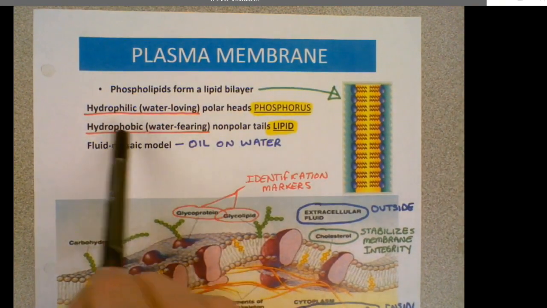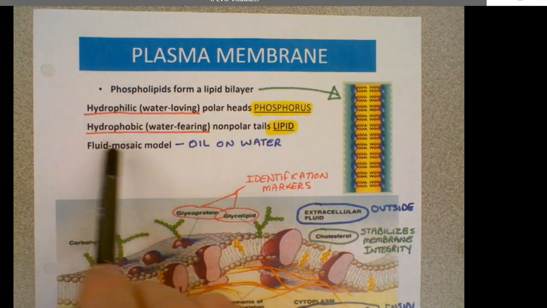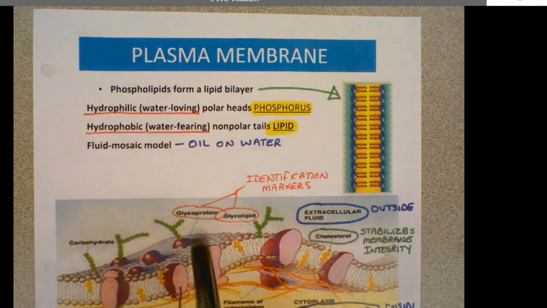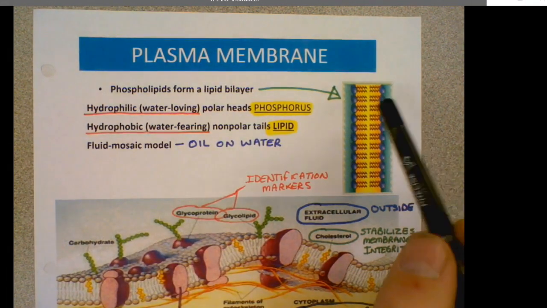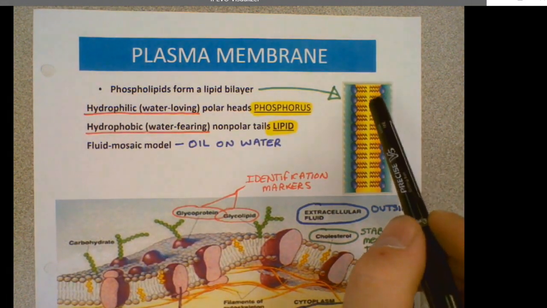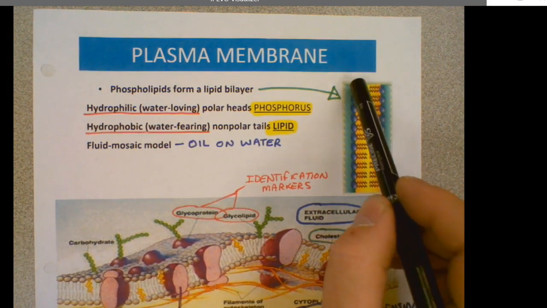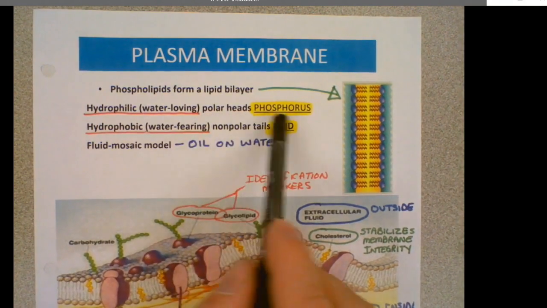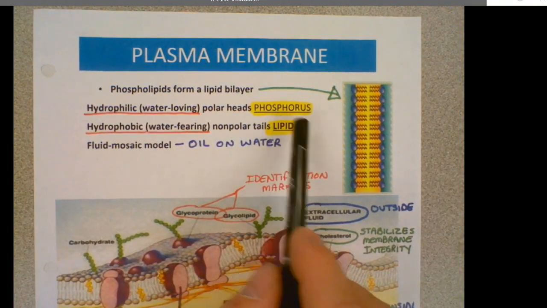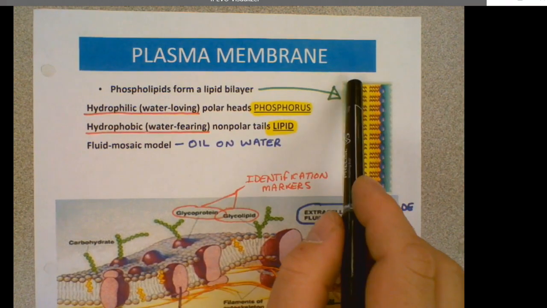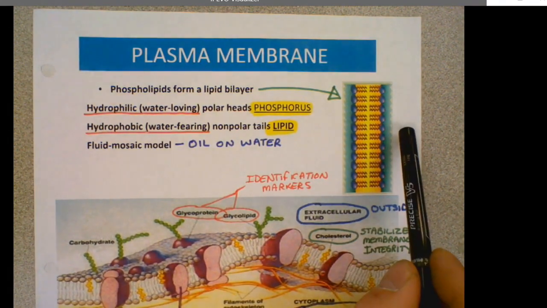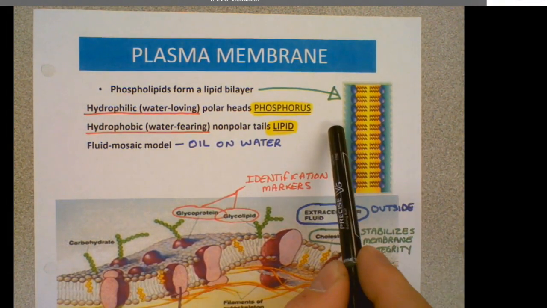Now, this layer is made up of a biomolecule called a phospholipid. A phospholipid is made out of a water-loving component called a hydrophilic head. It's made of phosphorus. This head, represented by these blue little spheres, likes water. There's a lot of water outside the cell and a lot of water inside the cell.